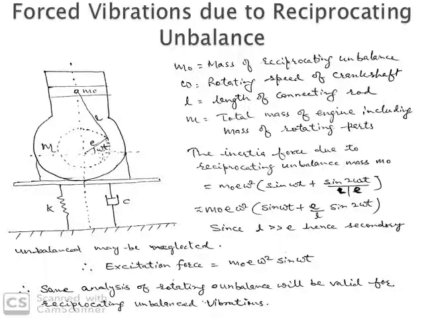So the exciting force is the primary unbalance force, m0 e omega square sin omega t. Now it is the same as the earlier derivation of rotating unbalance. So the same derivation will be valid for the reciprocating unbalanced system, and the same response curves will be valid for it.